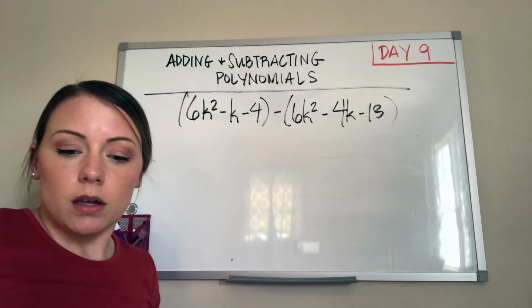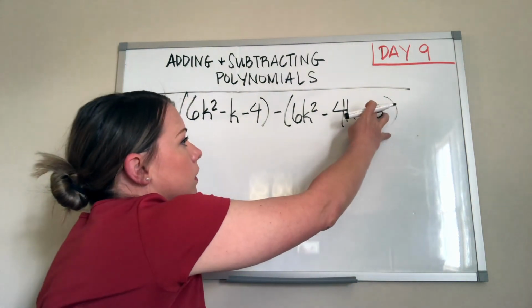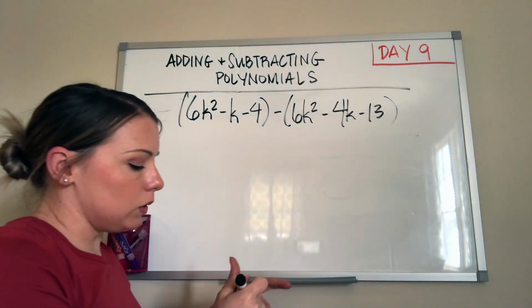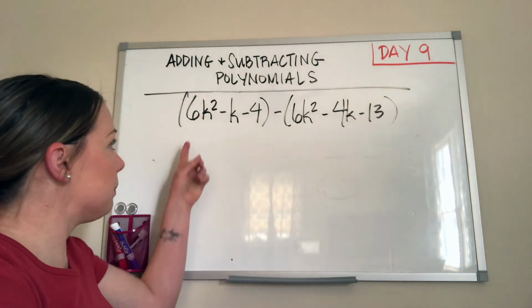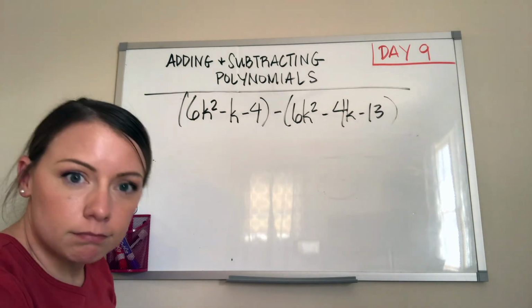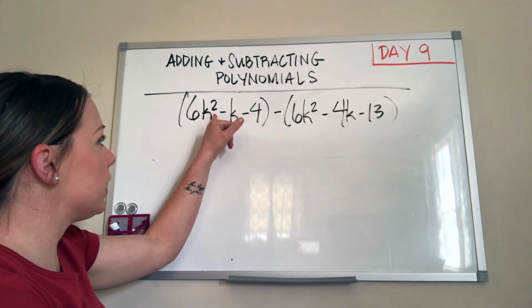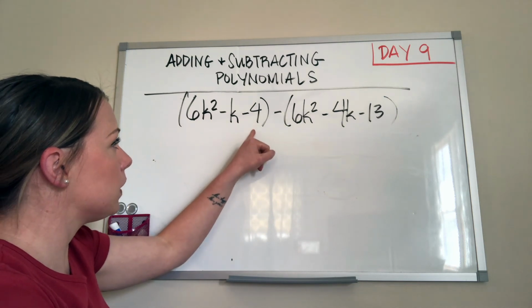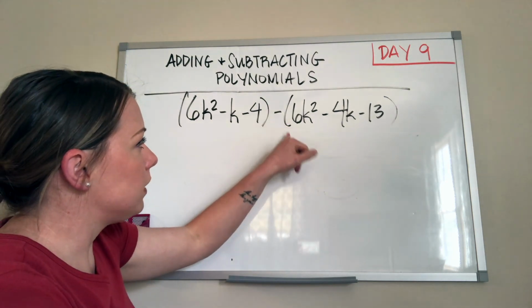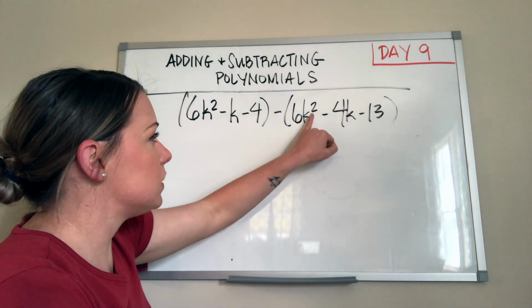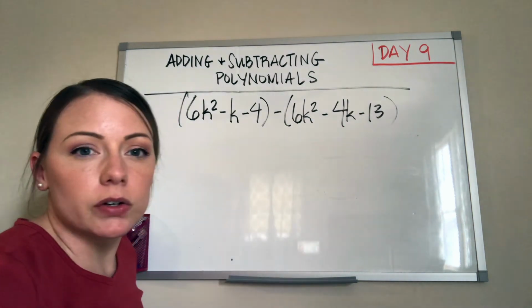All right, so the polynomials that I'm subtracting are positive 6k squared minus k minus 4 subtracted by 6k squared minus 4k minus 13.